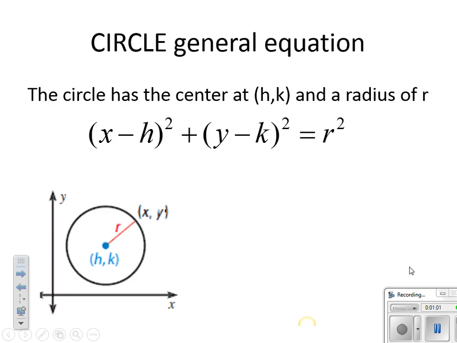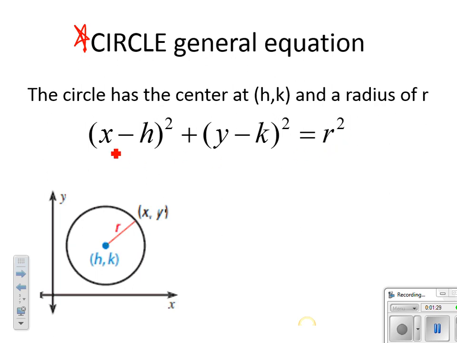Now we're going to talk about the circle equation. So this needs to go into your notebook, okay? So make sure that you write this general circle equation down. The circle has a center of h, k and a radius of r. So h and k are your center, and r is always going to be your radius.